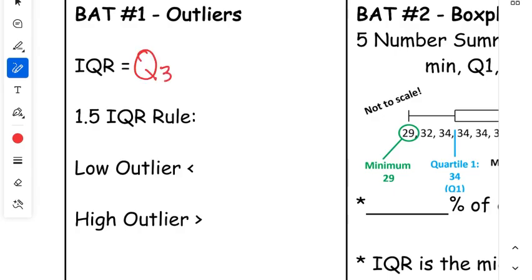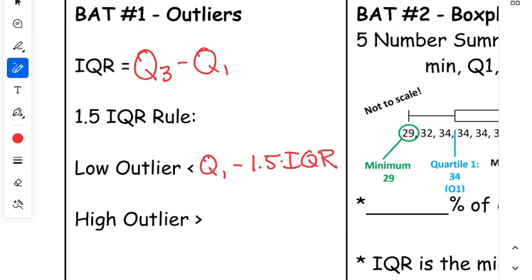Okay, let's go to the vocab review. IQR is found by doing Q3 minus Q1. To determine if it's an outlier, you look for low outliers and high outliers.